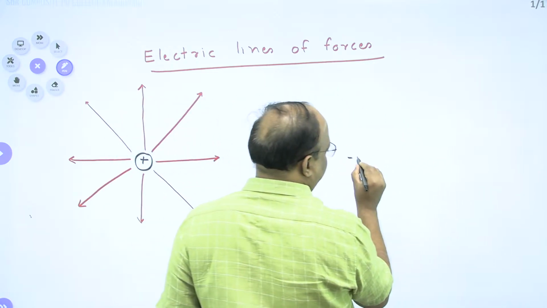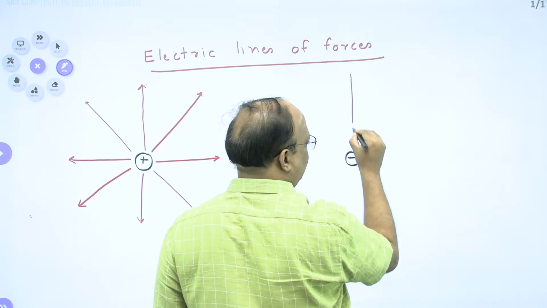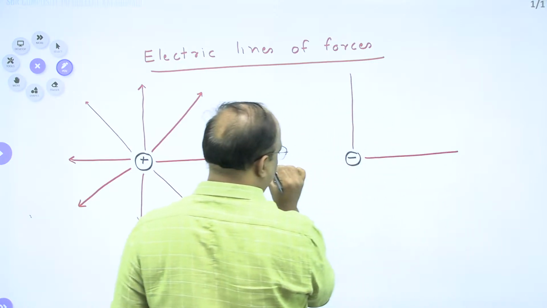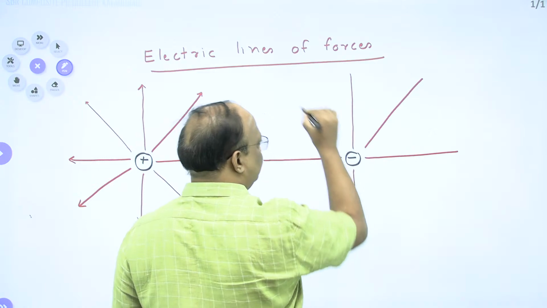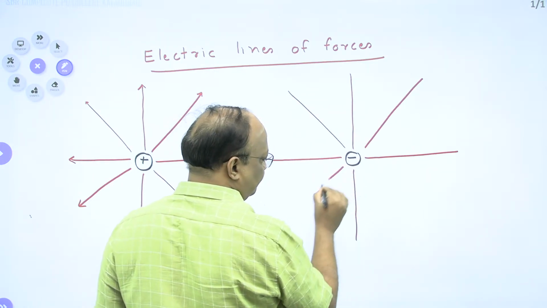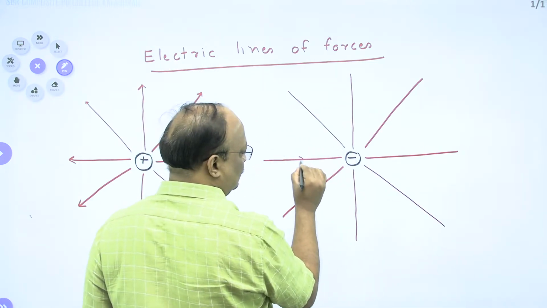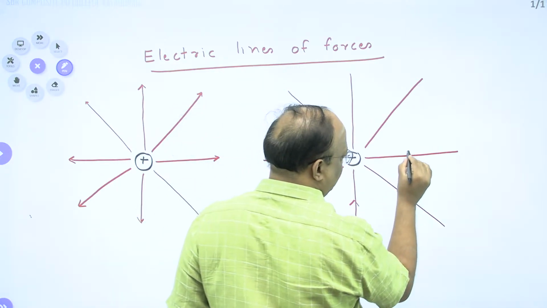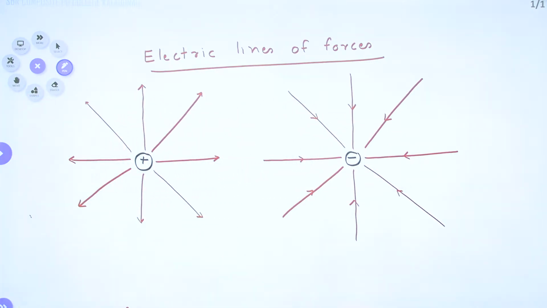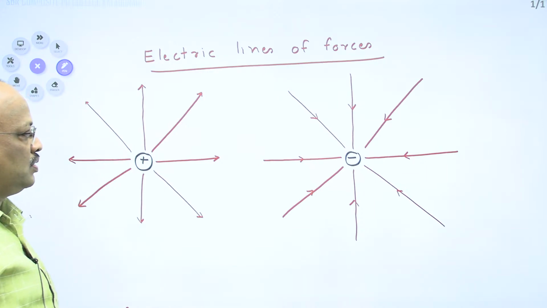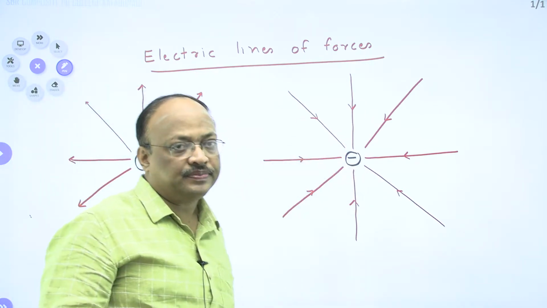In the same way, for negative charges. So this will be the geometrical representation of electric lines of force for a negative charge.